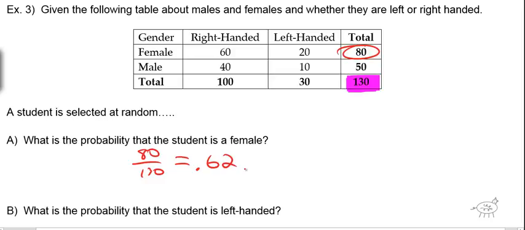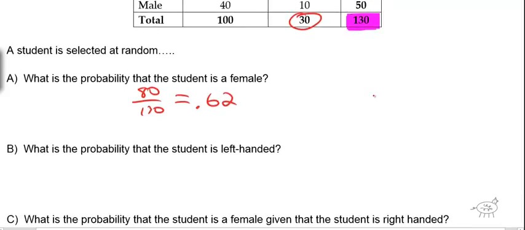Okay? What is the probability that the student is left-handed? Well, how many left-handed kids do I have? I have 30 left-handed out of 130. So 30 out of 130, which gives me 0.23.